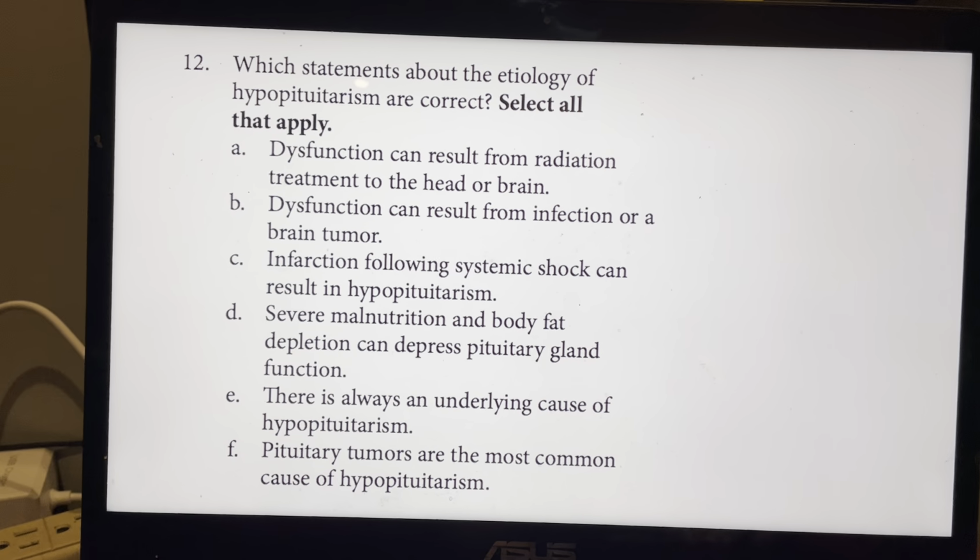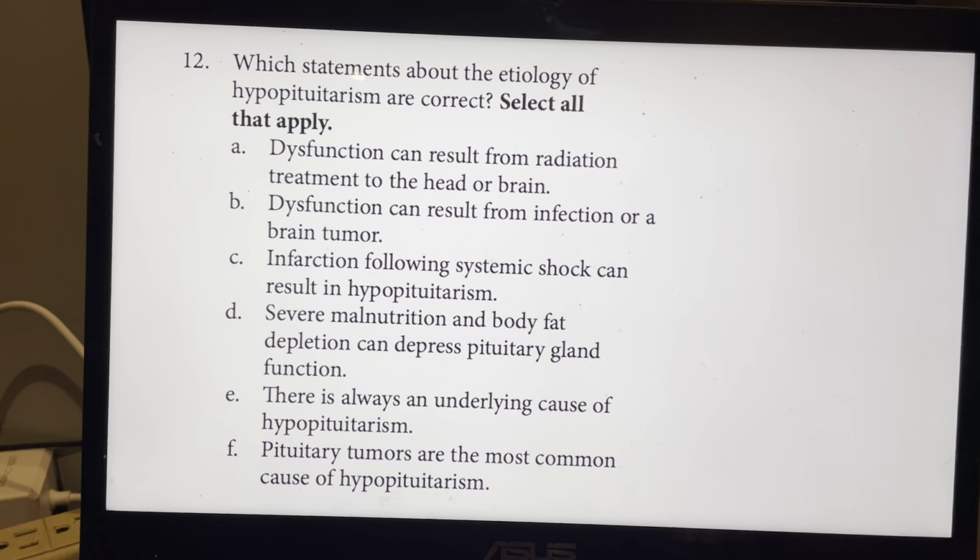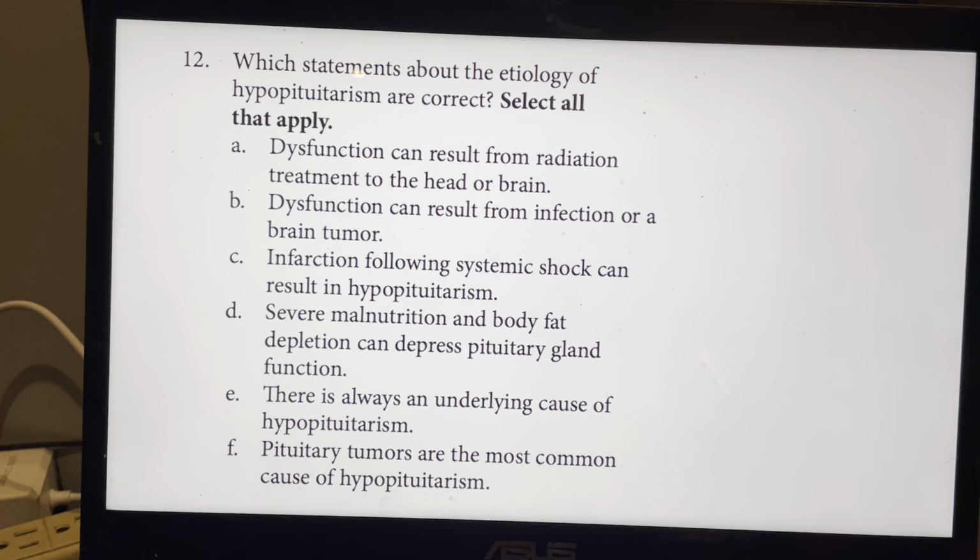Which statements about the etiology of hypopituitarism are correct? Select them all. Dysfunction can result from radiation treatment to the head or brain. It can result from infection or a brain tumor. Infarction following systemic shock can result in hypopituitarism.